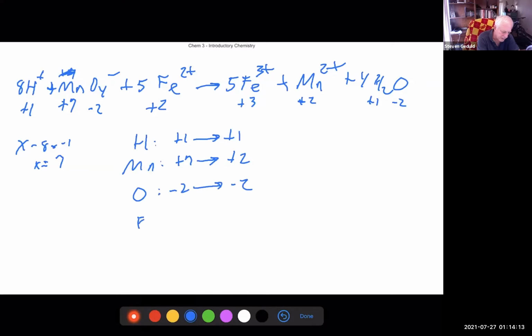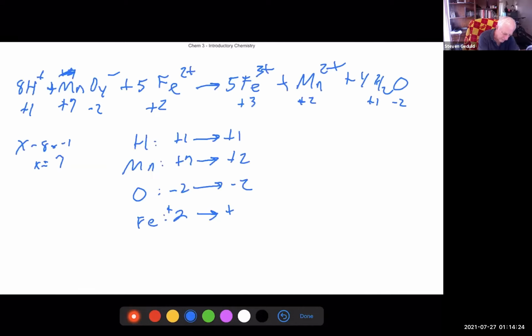Iron went from +2 to +3. Okay. Those are all the elements in your chemical equation. So what's been oxidized, what's been reduced? Hydrogen stayed the same. Oxygen stayed the same. Okay.